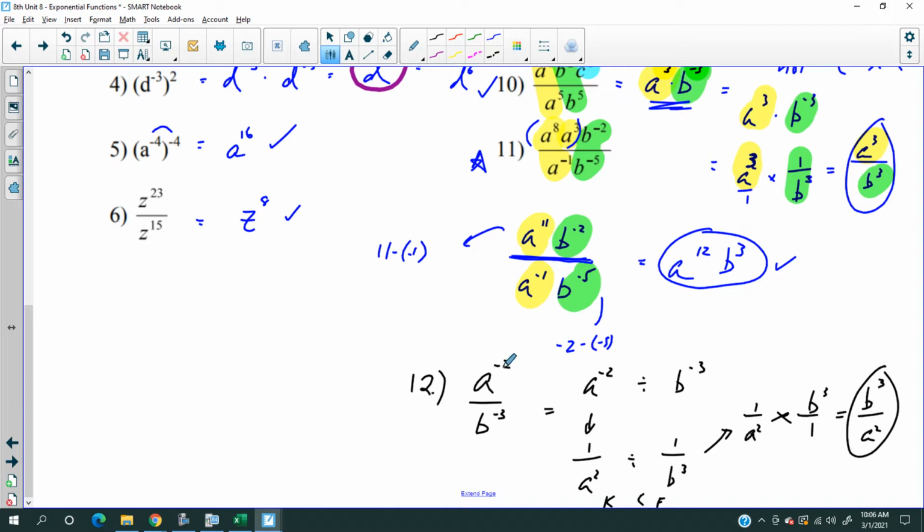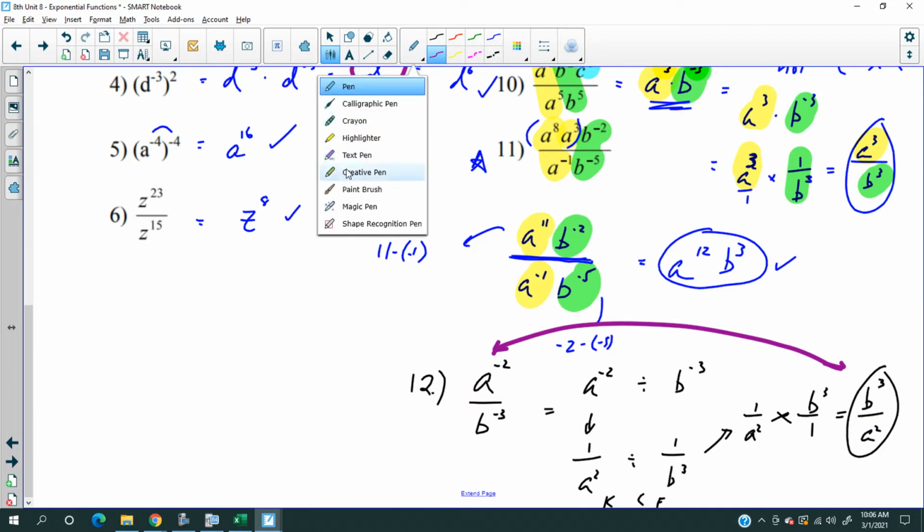Look here, from here to here, this is what happened. Since they're both negative, A has a negative second power, B has a negative third power, and at the end all they did was switch places. Let me use a magic marker.